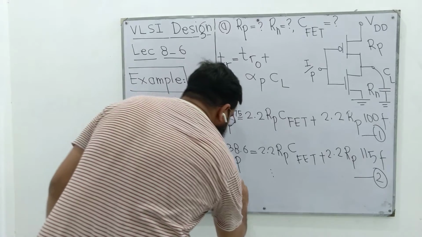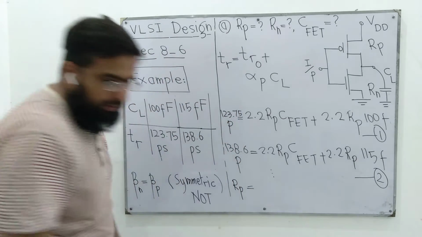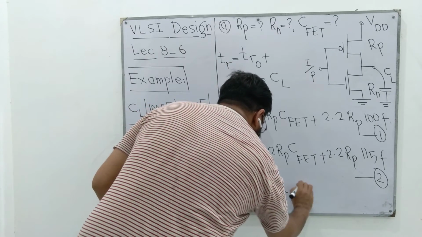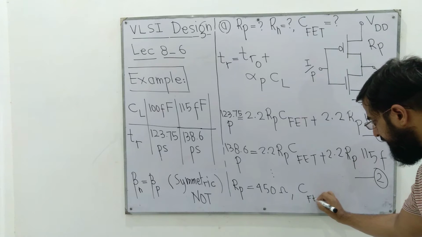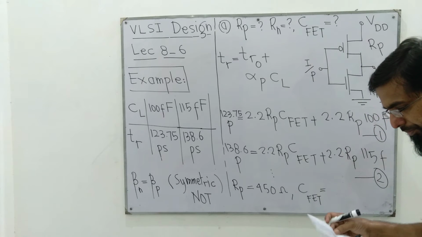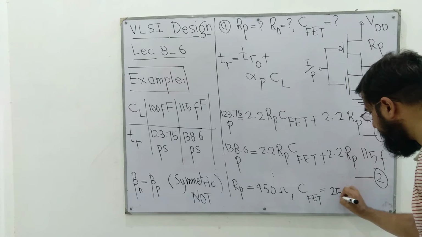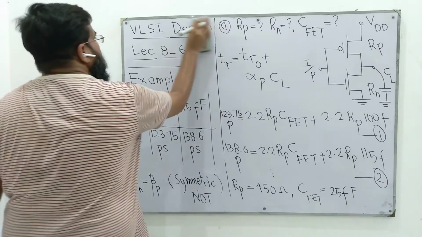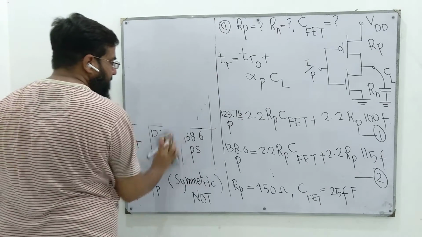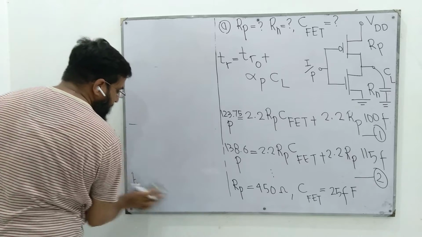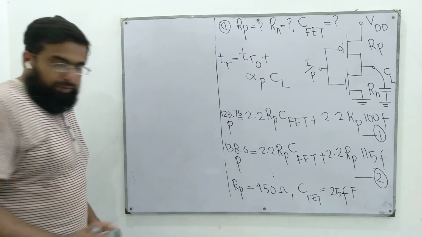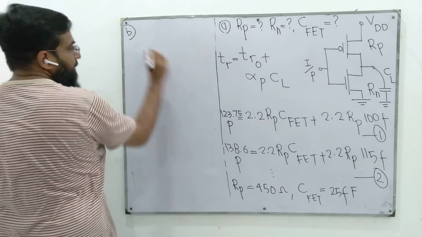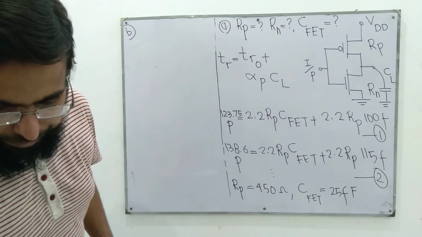This linear solution gives us Rp equal to 450 ohms and CFET equal to 25 femto. So this is the homework for students, to solve these equations linearly and reach these answers. In part 4a, we have computed Rp and CFET by solving two equations simultaneously. And the two equations are linear equations.